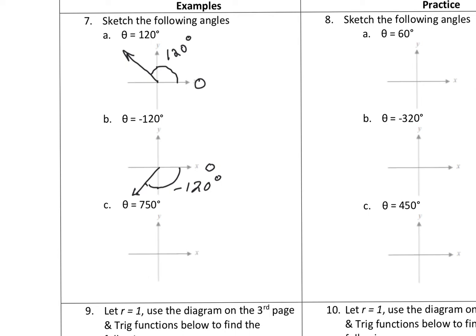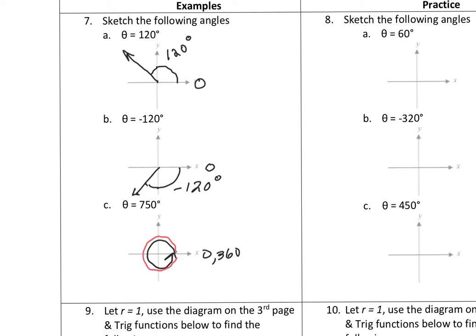When you're sketching 750, remember that one circle is 0 to 360. So this is basically back to the starting point. Now I've gone from 0 to 360. Then I make another movement around, one more time around.